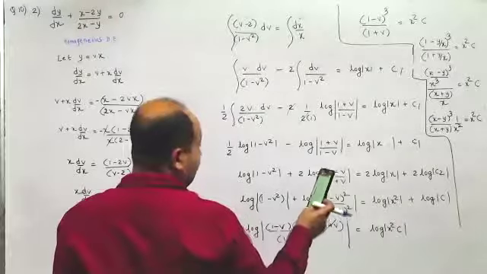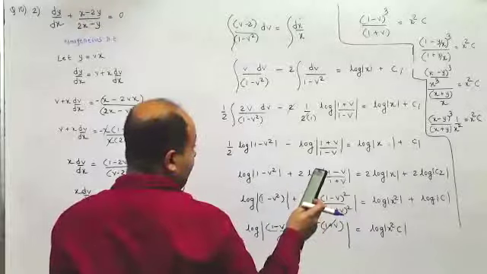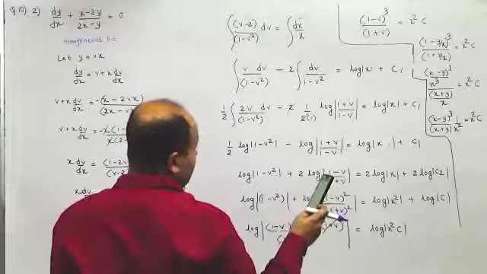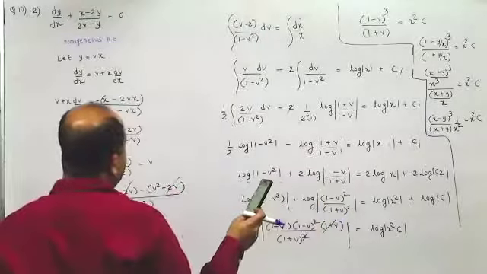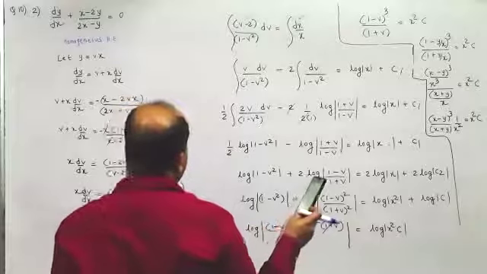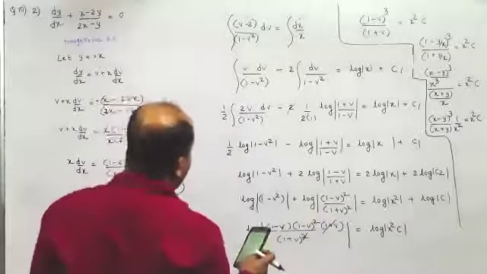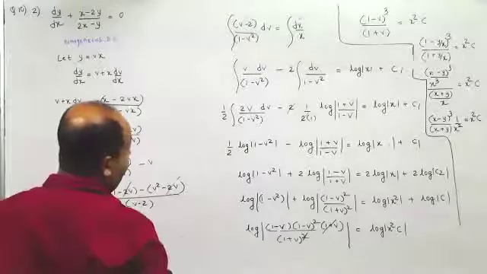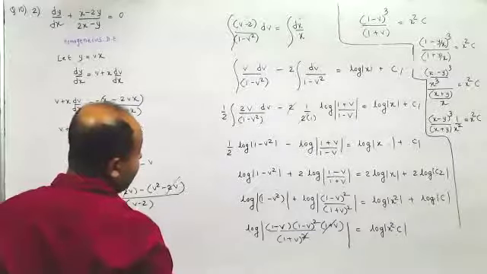V minus (1 minus v) into (1 plus v). This is log x minus 2. So yes, you have to multiply by minus 1 by 2, because v upon 1 minus v square, so minus 2v would be the derivative. So here it will be negative.